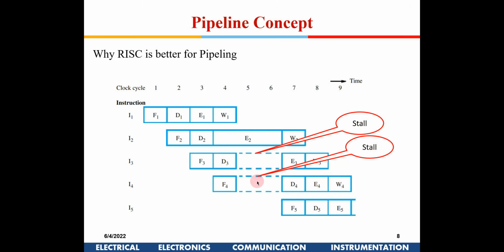This occurs because the execution cycle is not constant for certain instructions. For CISC computers, the instructions require a varying number of clock cycles to complete execution. So that is the reason stalling happens there.